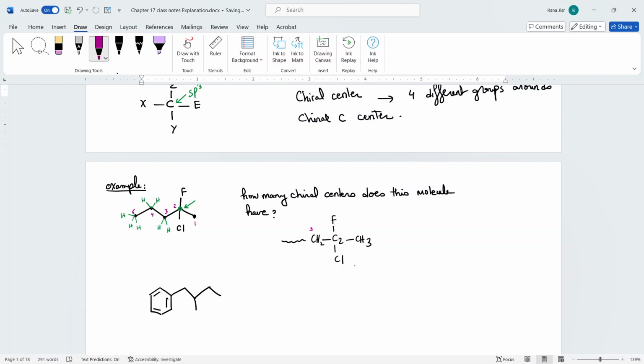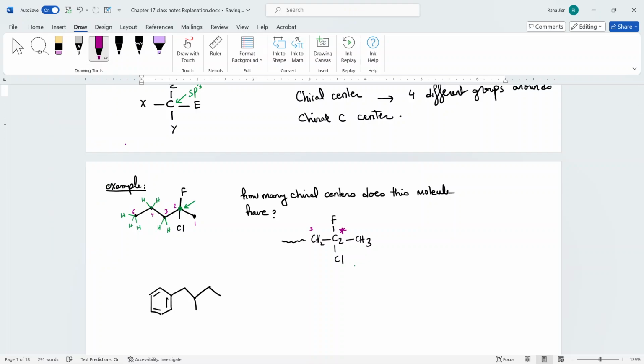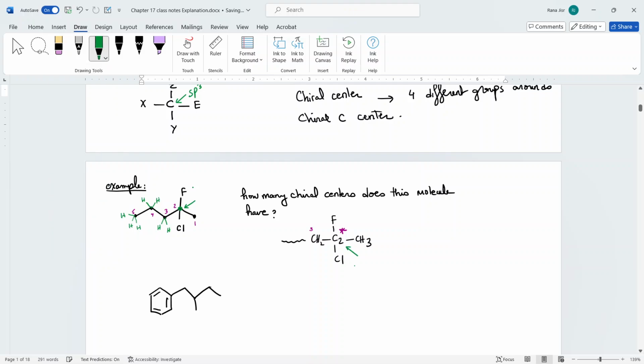This is why we are going to label carbon number 2 as a chiral center. To label the chiral center, we're going to use a small asterisk indicating that this is a chiral center. So that is going to be a chiral carbon, or you can call it a chiral center.